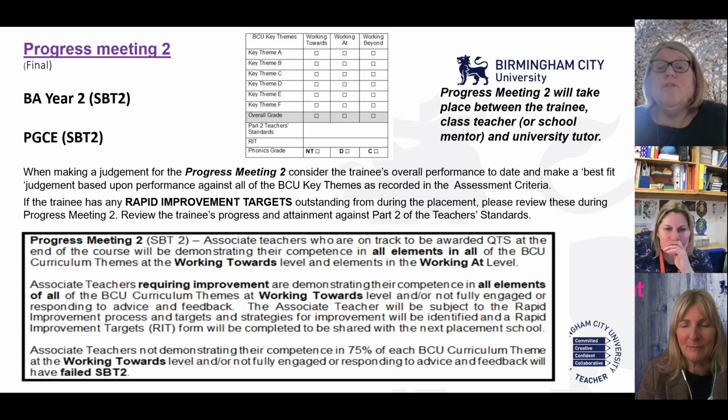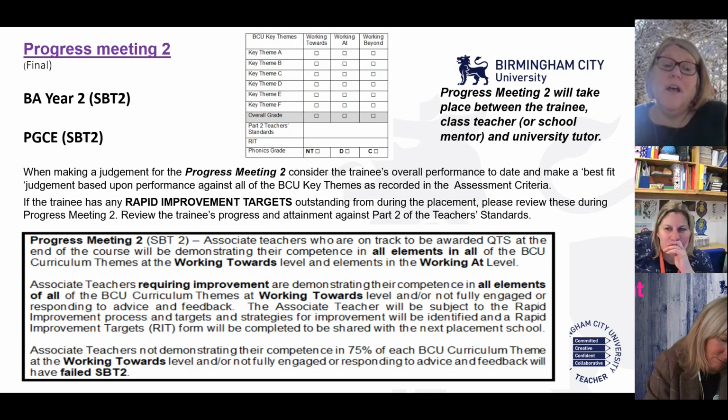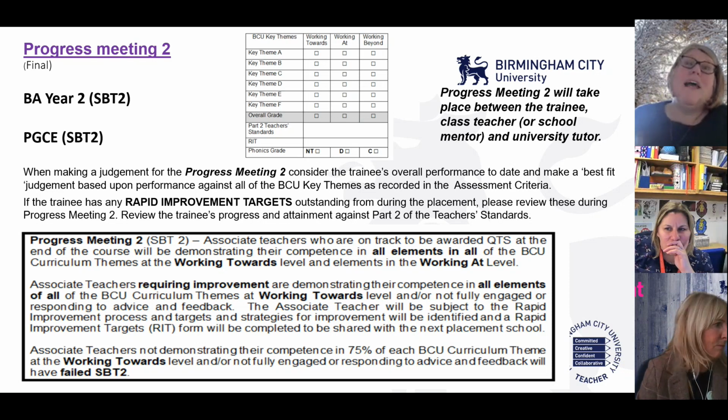So we're really looking for all of that working towards and some in working at, aren't we, really, for an associate teacher to be well on track. And I don't think we would be doing them justice at that point, because the expectation in year 3 becomes greater.